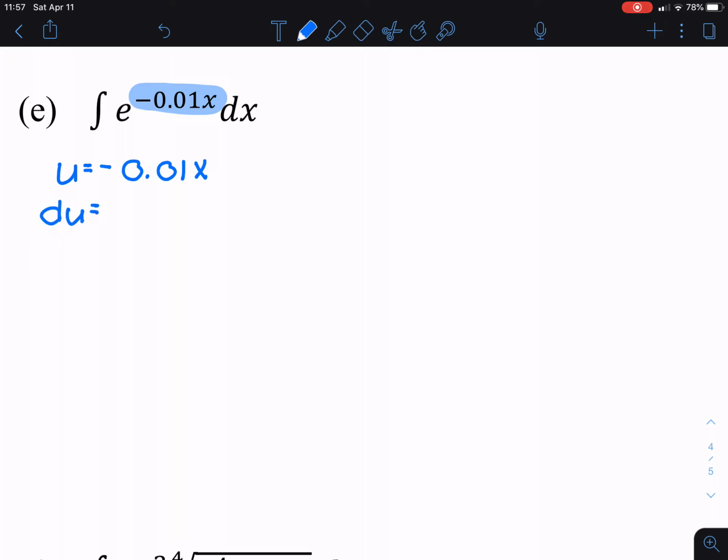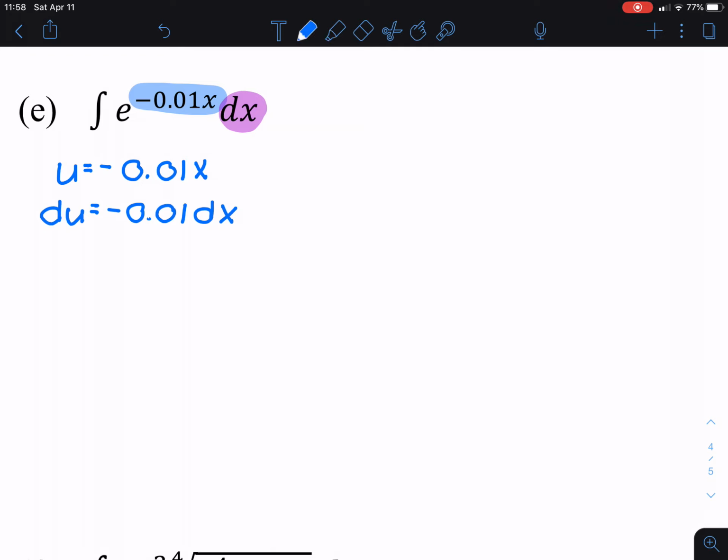Now du, my differential: I take the derivative of this, which is -0.01 dx. But notice that all I have in this integral is just dx. So I need to figure out what to multiply by in order to convert -0.01 dx into just dx by itself.